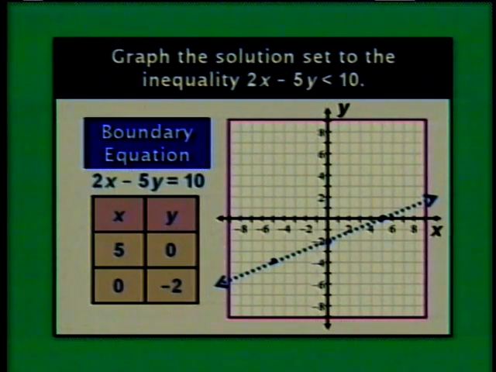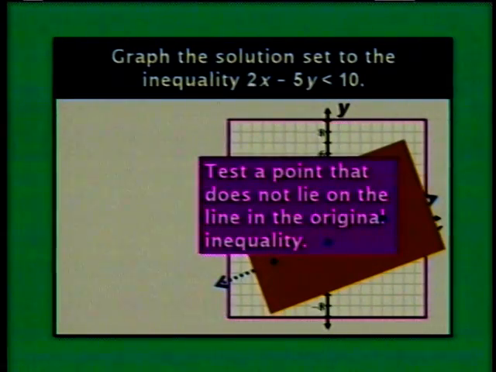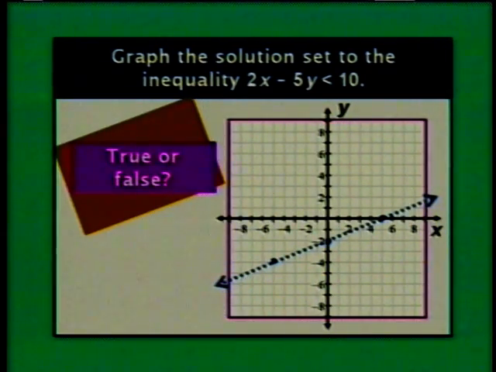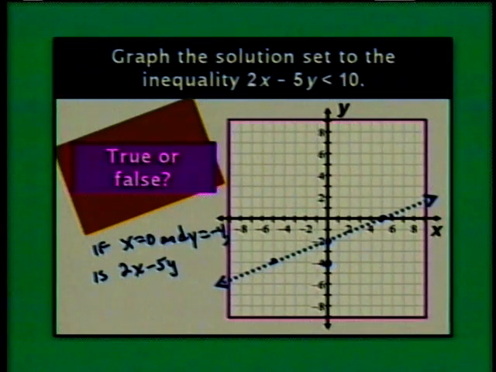As a matter of fact, let's check that out. Let's test a point below the line in our inequality. So let's look at the point 0, negative 4. Does that satisfy our inequality? If x equals 0 and y equals negative 4, is 2 times x minus 5 times y less than 10?